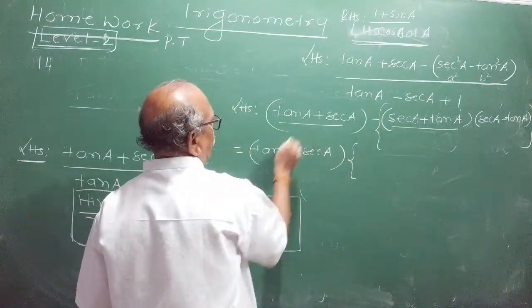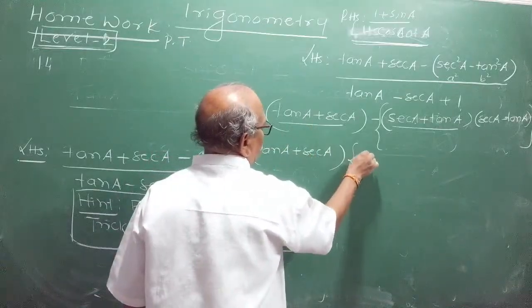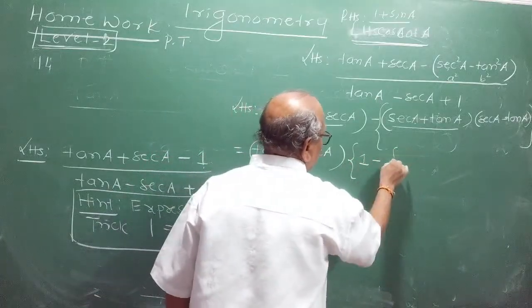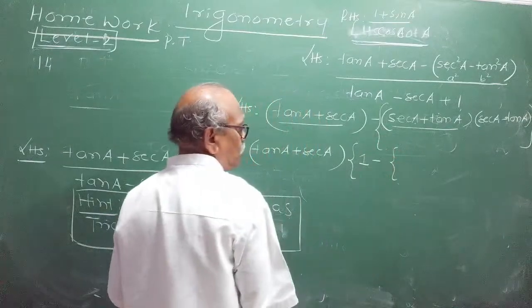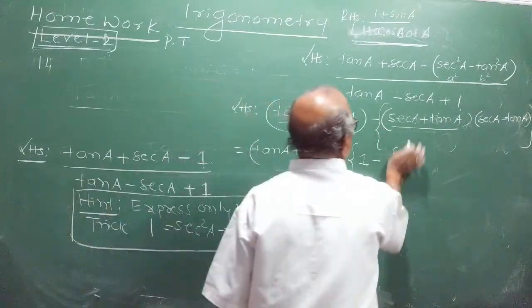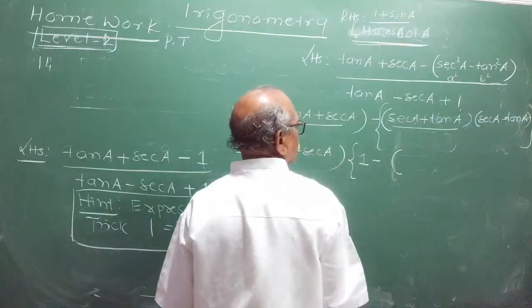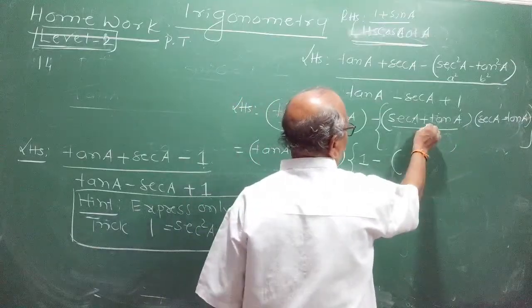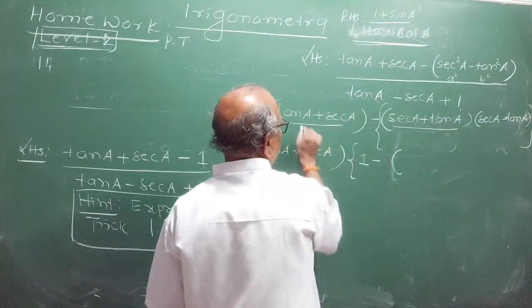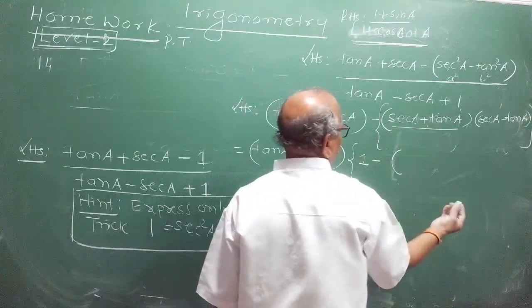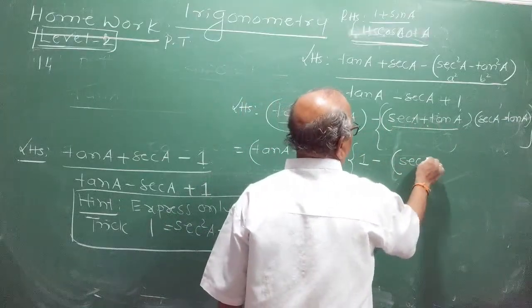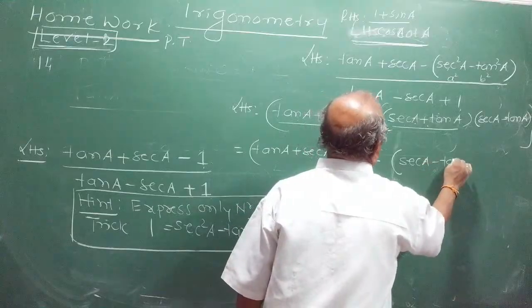Tan A plus sec A comes out, and you are left with 1 minus, into bracket, use the flower bracket properly, or you can use a common bracket. 1 minus sec A plus tan A goes outside. Tan A plus sec A is the same as sec A plus tan A, both of them are the same. You are left with sec A minus tan A.